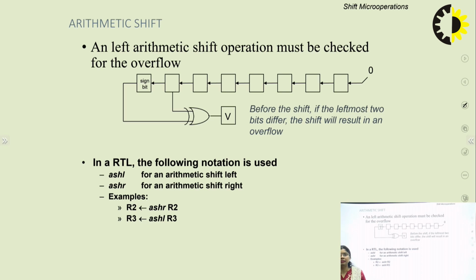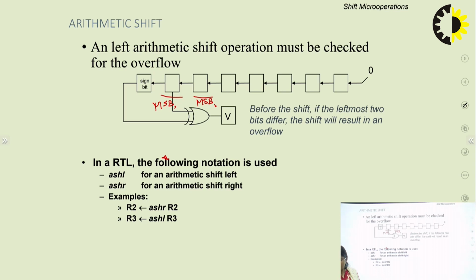In the arithmetic shift, we consider whether there is an overflow bit or not. How? We check the first two bits, the first MSB and the second most significant bit.